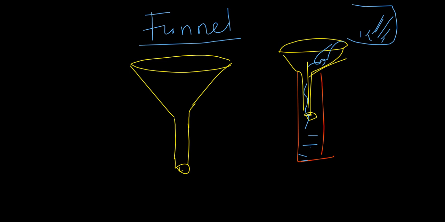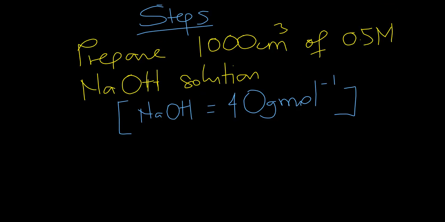So these are some of the apparatus we're going to use in our experiment or in the preparation of some standard solutions, and we're going to be using them very soon. So let's look at an example. Now we've been asked to prepare a solution of this concentration, 0.5 molar.